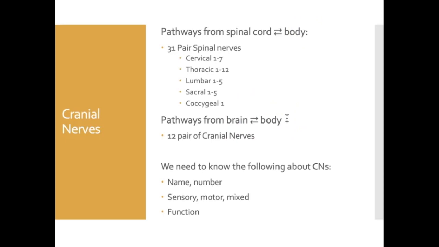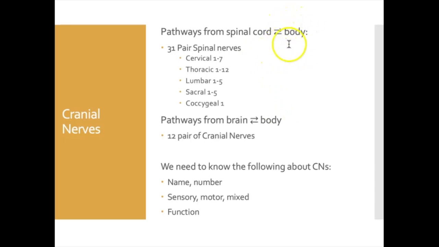It's the connection between the body and the spinal cord and the connection between the brain and the body that involves spinal nerves and cranial nerves. Don't forget what spinal nerves do. Don't forget what cranial nerves do.